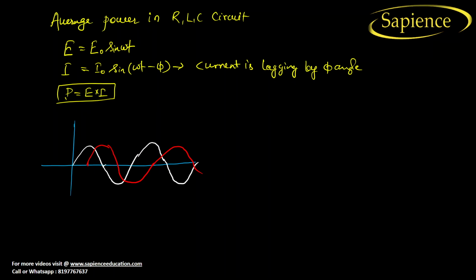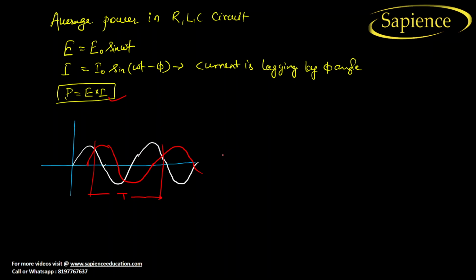Now I want power. So how can we calculate the power? Every time, current as well as voltage both are changing. So for this case we need an average power. We can only find average power over a time period capital T, that is one cycle.